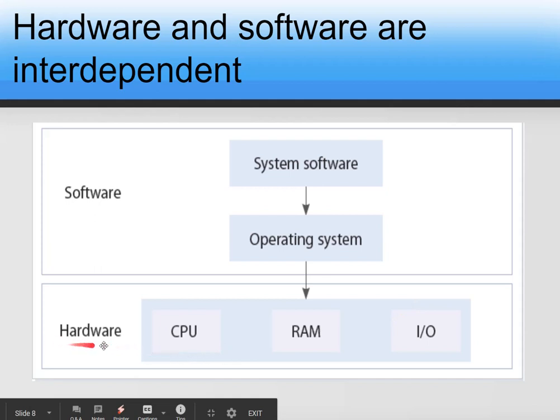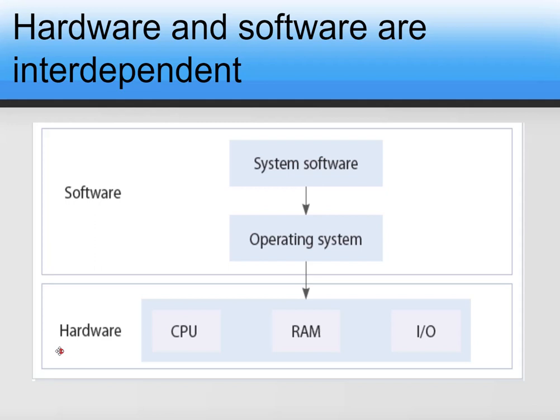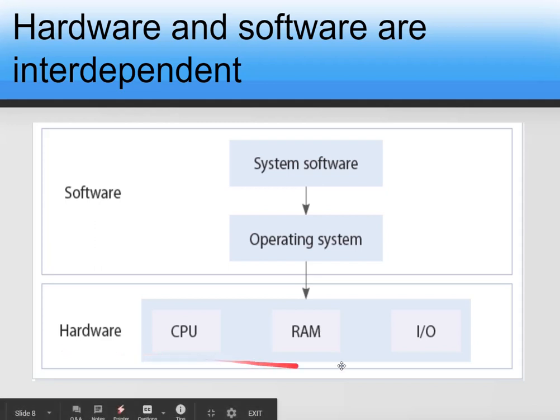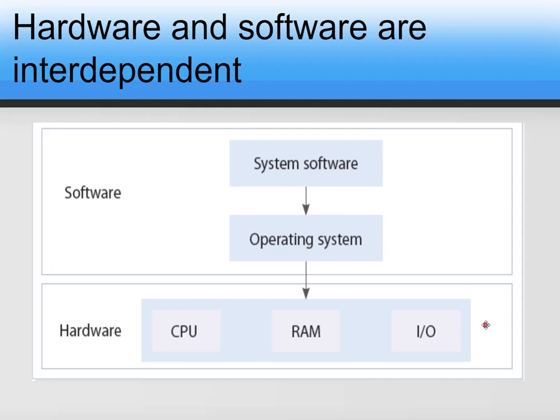We all know that the CPU is a hardware device, the hard disk inside the computer is again a hardware device, and the input output devices connected to our computer, that is the keyboard and the monitor, are hardware devices. The working of these devices is completely in the hands of the operating system or the system software.